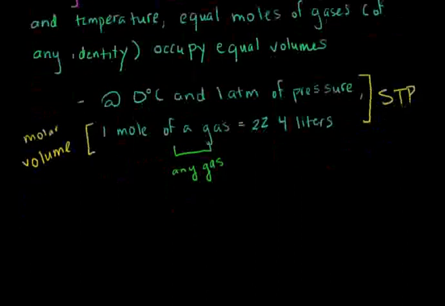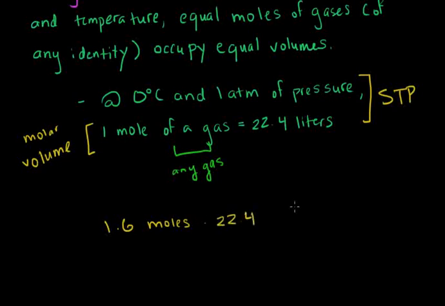So if I have, let's say, 1.6 moles of gas, and I want to find the volume it takes up at STP, all I have to do is multiply this number by 22.4 liters per mole. It's the molar volume. And if my calculations are correct, that's going to give you 35.8 liters.